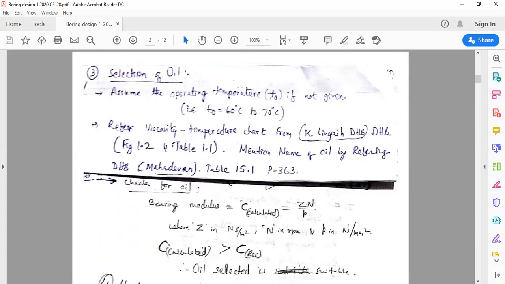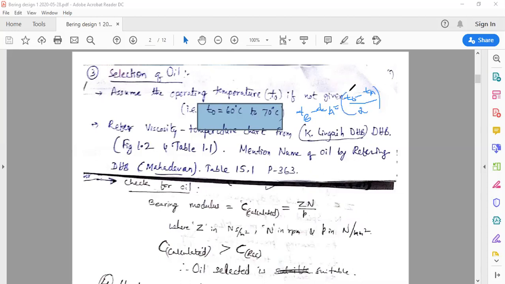But here, with respect to the third step, if the operating temperature is not given, in that case we have to assume that value between 60 to 70, or at the most 70 degrees centigrade. Suppose the ambient temperature and bearing temperature are given, in that case we can make use of the equation: TB minus TA is equal to T naught minus TA, that is operating temperature minus ambient temperature, whole divided by 2.